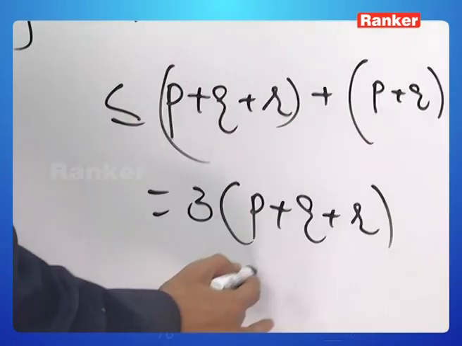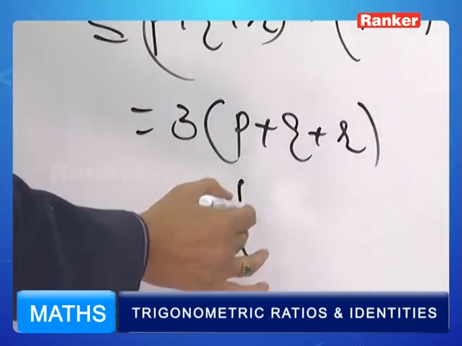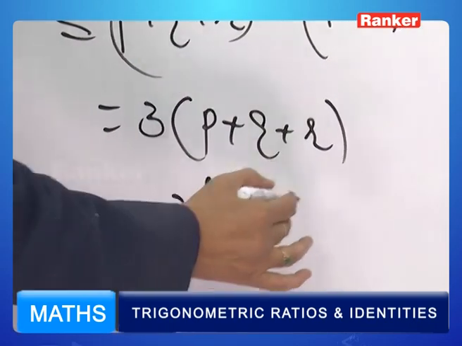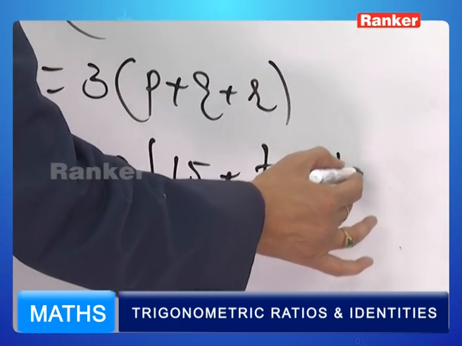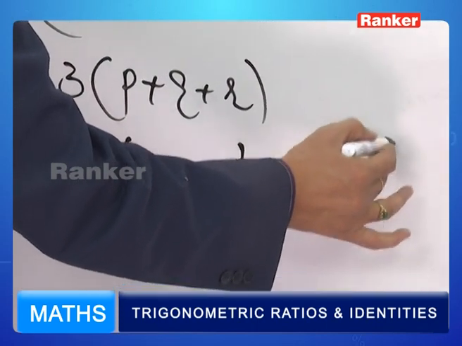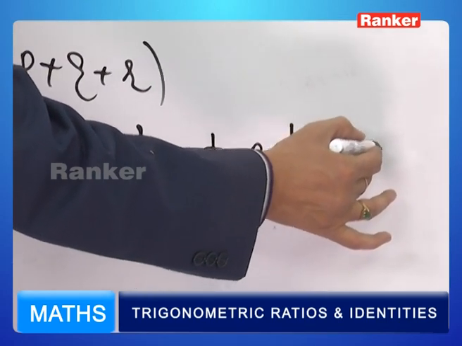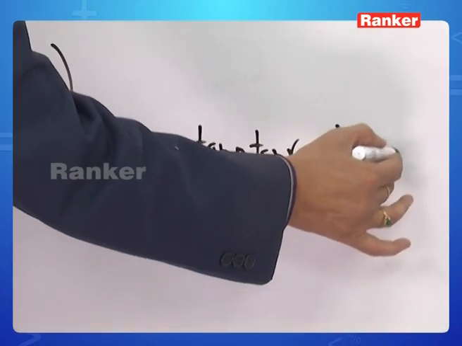You add all of them. What is going to happen for P plus Q plus R? 5 plus 5 plus 5, 15, plus tan alpha tan beta plus tan beta tan gamma plus tan gamma tan alpha.